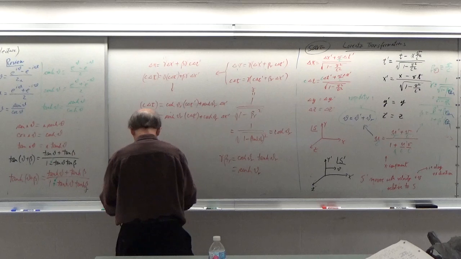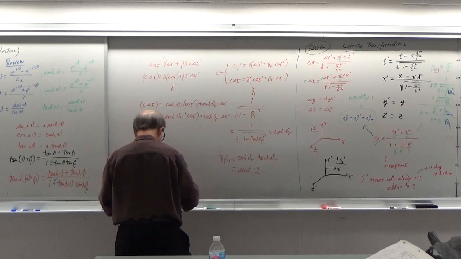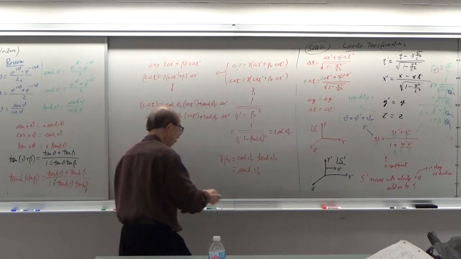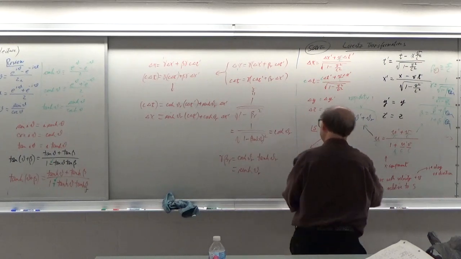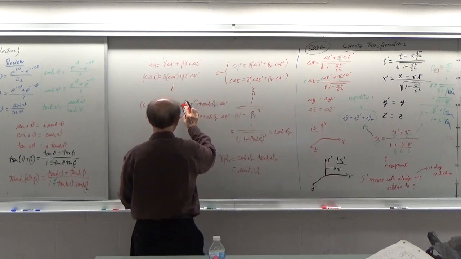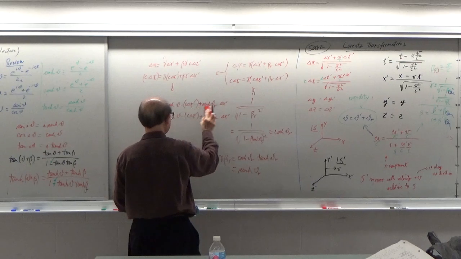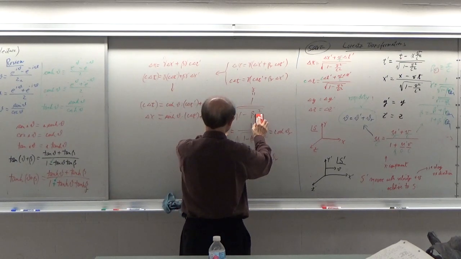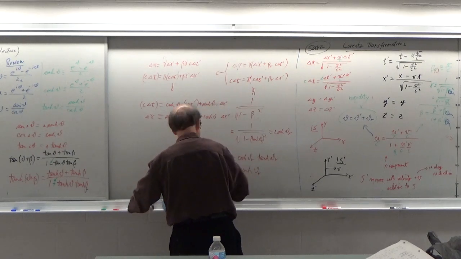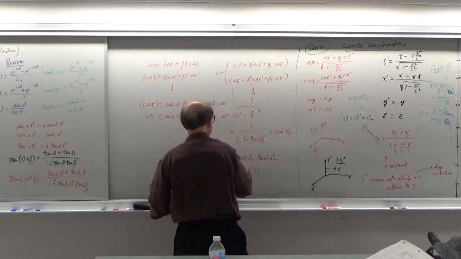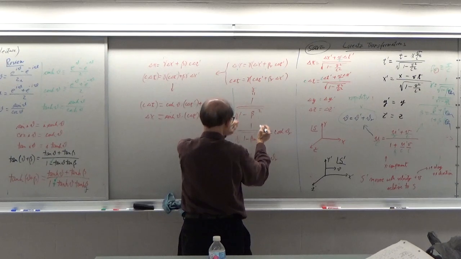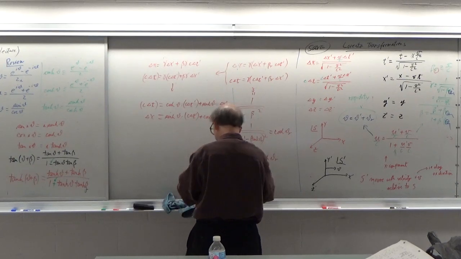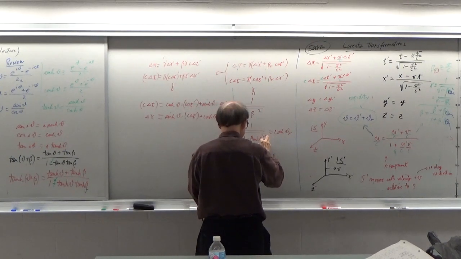So that I have, let me just do it, erase the subscript r. And the definition is this: gamma is given by this, and this is that.